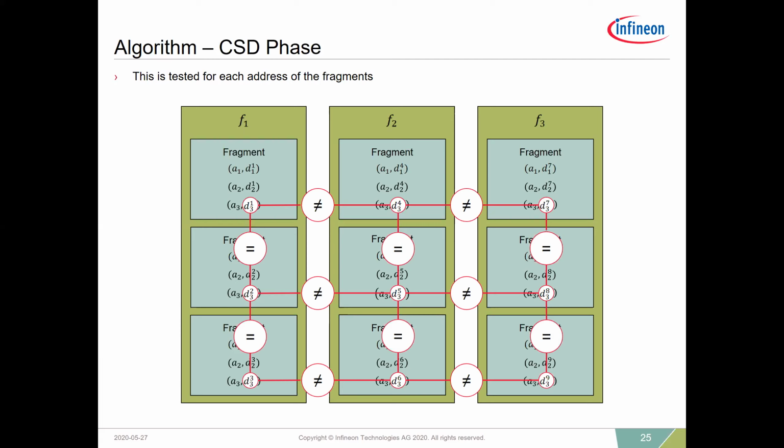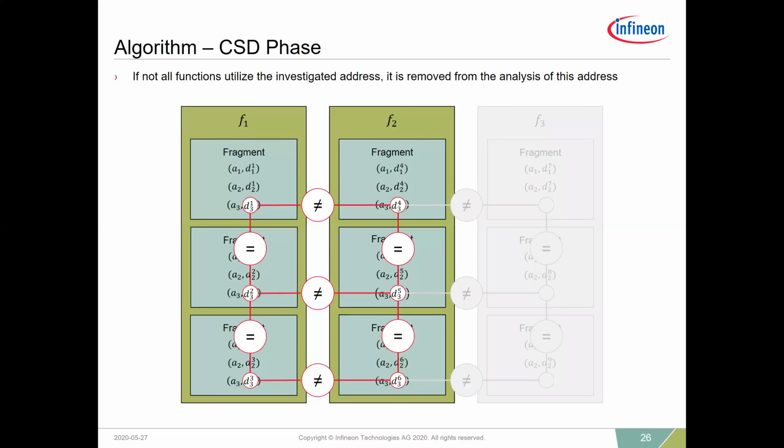And with these 2 conditions, we check each address. It is also important to note that if for one address there's no data value, so there's no write access for this address, then we just remove this function for this specific address, which leads to something we call coverage.